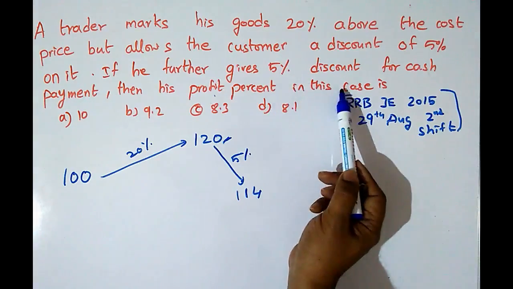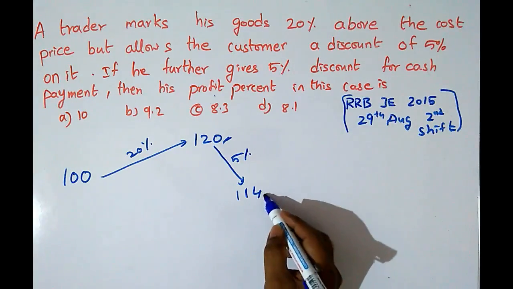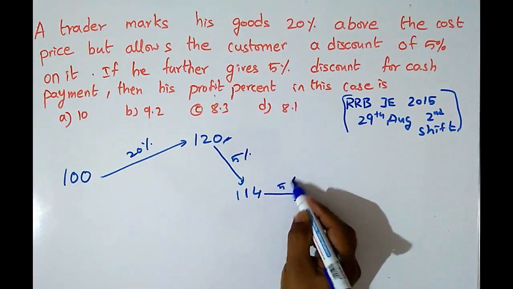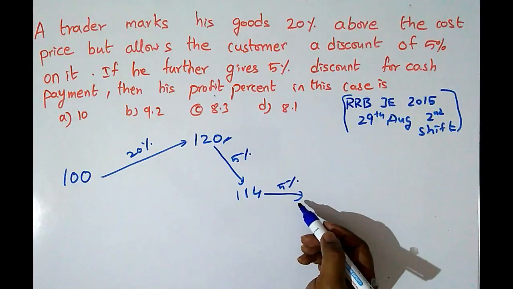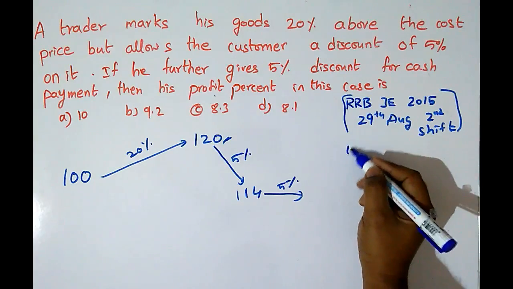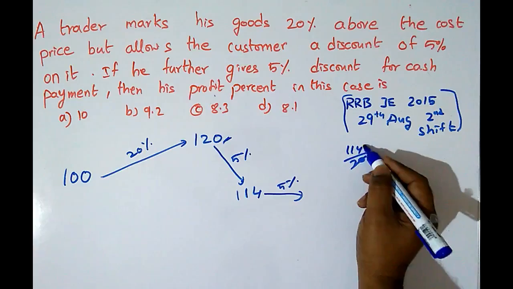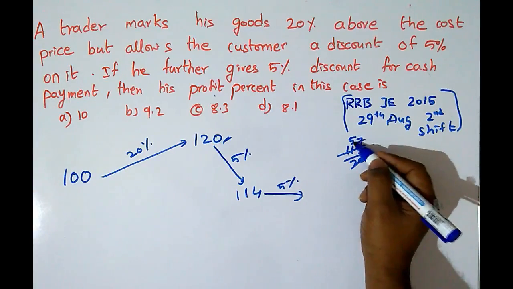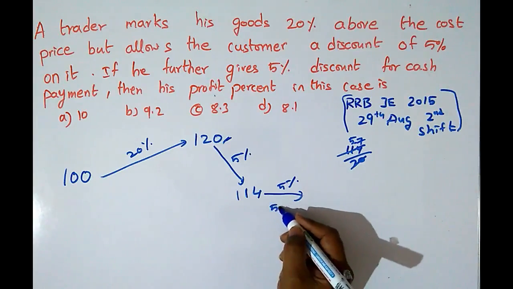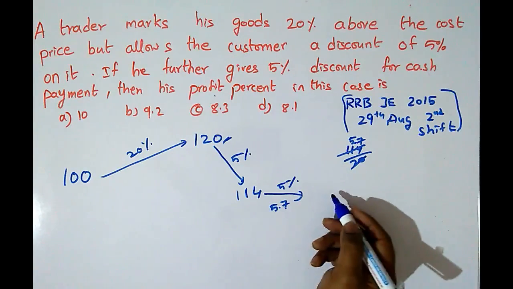Further he gives 5% discount for cash payment. Another 5% is also available. What is 5% of 114? 5% of 114 is 114 divided by 20. We get 5.7.